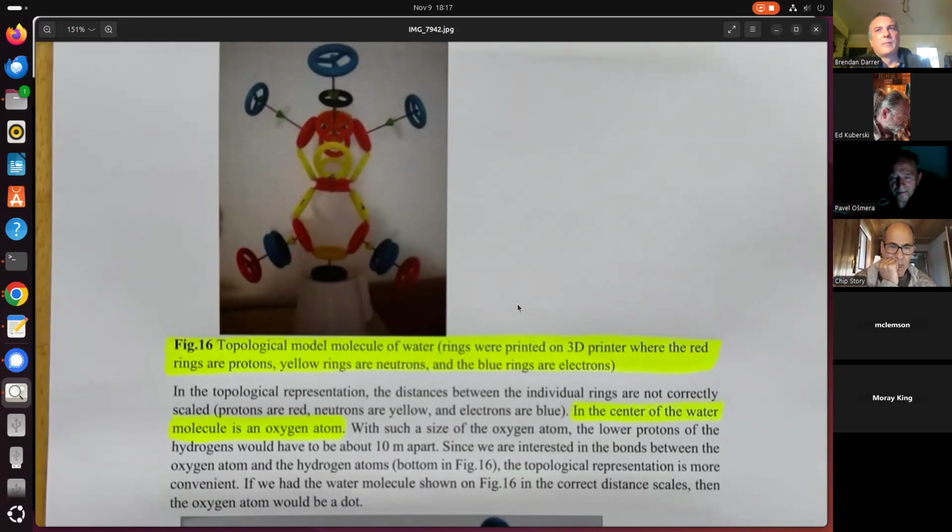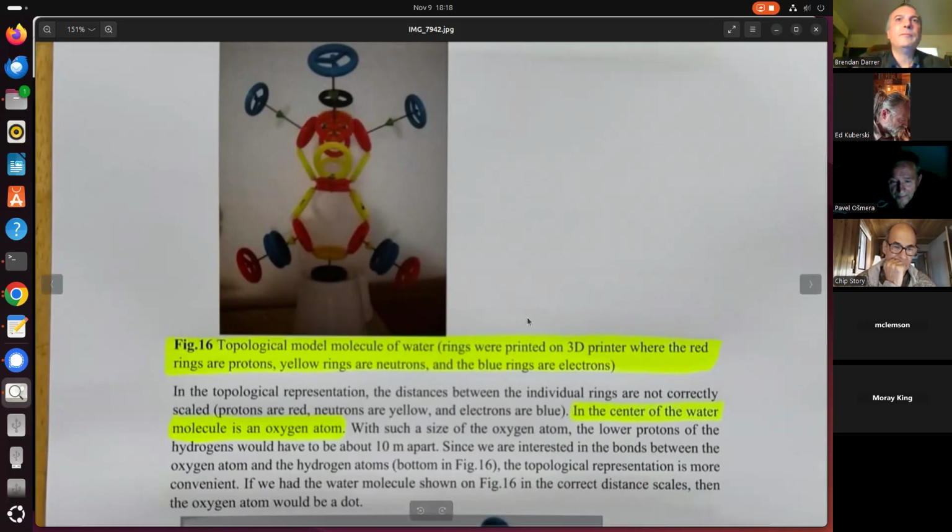In the topology representation, the distances between the individual rings are not correctly scaled, which Pavel told us. Protons are red, neutrons are yellow, electrons are blue. In the center of the water molecule is an oxygen atom.